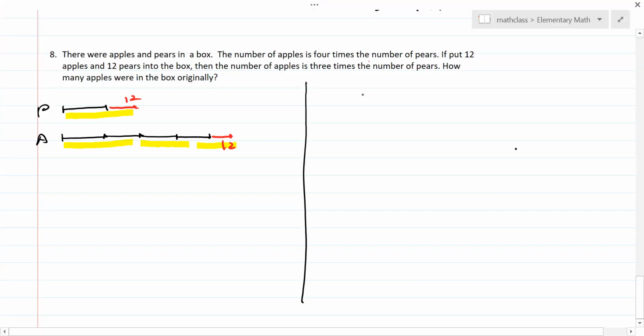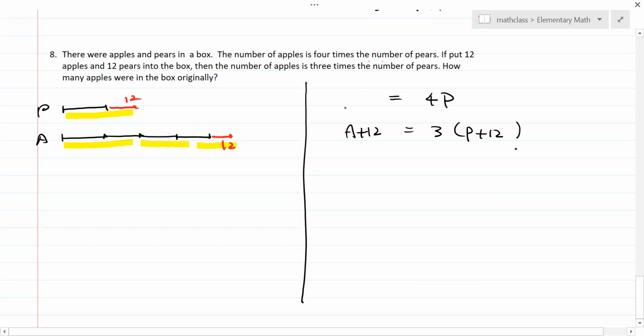You see that the number of the apples equals 4 times the number of the pears, right? So now you add 12 apples. You also add 12 pears. So the relationship between them will be 3 times that.